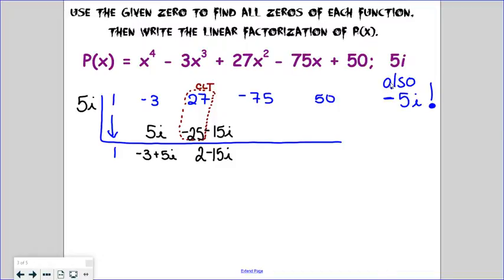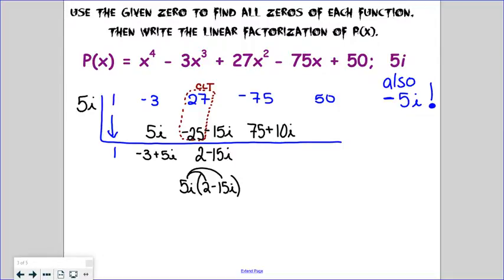And we repeat the process. We take that 5i, I multiply 2 minus 15i, distribute that through, so 5i times 2 would be 10i. 5i times -15. 5 times -15 would be -75, but I times I will be -1, so it ends up always being the opposite sign, positive 75.